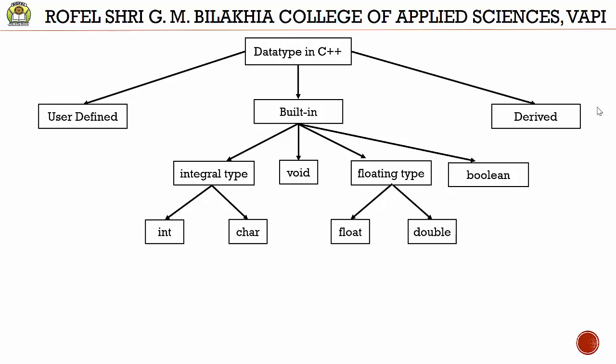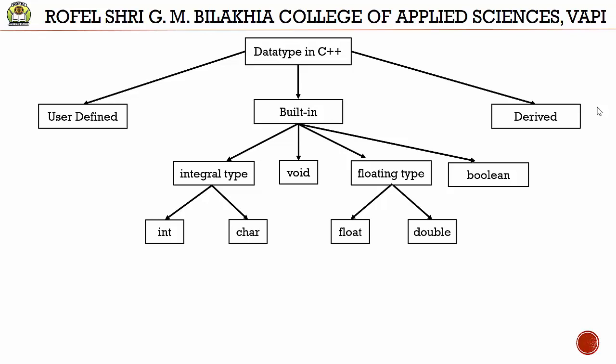Boolean data type is used for storing boolean or logical values. Logical values means a boolean variable can store either true or false, and the keyword used for boolean data type is bool, bool, right? So here we complete built-in data types, okay, which we also used in C programming.